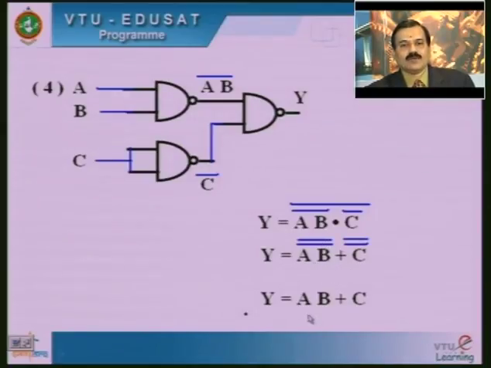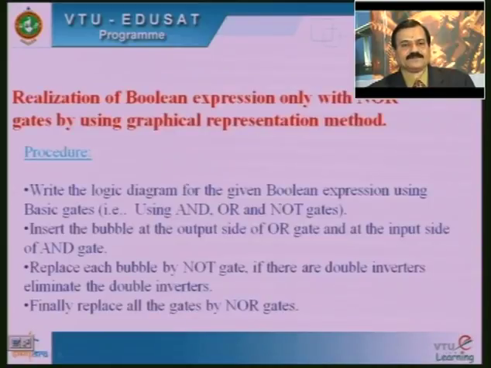So A double complement can be read once again as AB, and C complement can be read as C only. So the given expression Y is equal to AB plus C has been implemented thoroughly by using only NAND gates. But instead of starting by taking the Y double complement, we have done this execution through the graphical representation method.